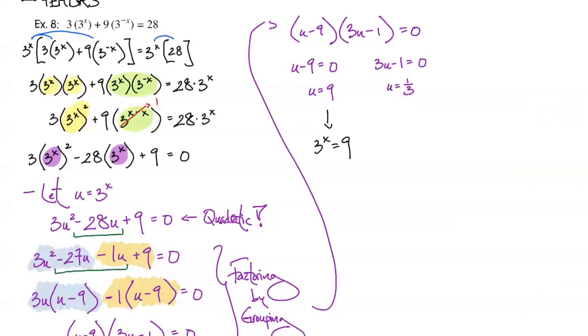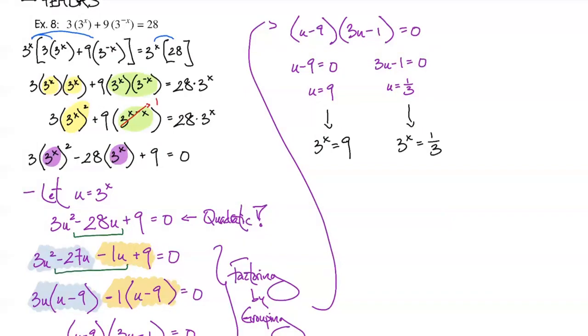Right? So if u equals 9, then 3 to the x equals 9. And over here, I can say if u equals 1/3, then 3 to the x equals 1/3. Now, these are both questions that would be fair to say, no calculator, what do you get, right?